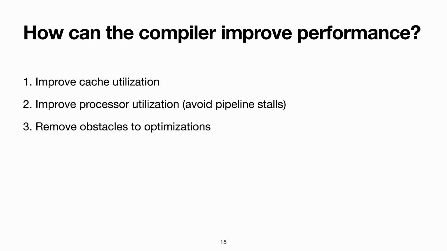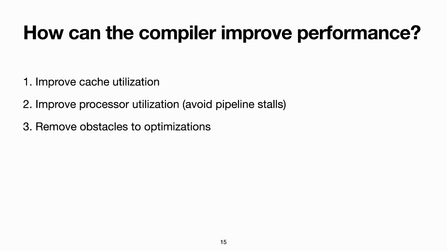So what you really want to know in this course is how can the compiler improve performance? And I'll give you three main directions, and we're going to explore them in more detail in the next video. So the first is improve cache utilization, which mostly comes down to avoiding jumping around in memory, which destroys the cache. And so basically improve cache locality is another way to say that.